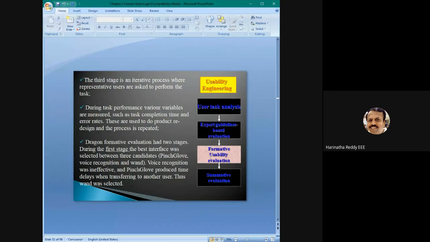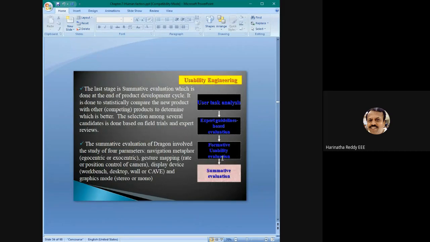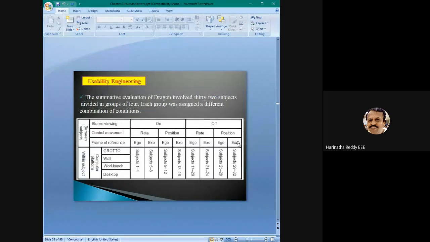For the sea dragon example, this is how it is explained: usability engineering method, where user task analysis, user guidelines based evaluation, then formative evaluation and summative evaluation are considered, and all these results were shown in this table. Is it clear? This particular thing was tested on grotto wall, that is projected on wall, then projected on workbench and desktop.